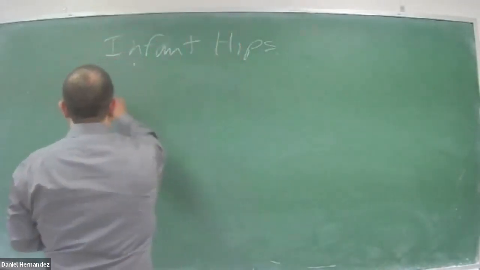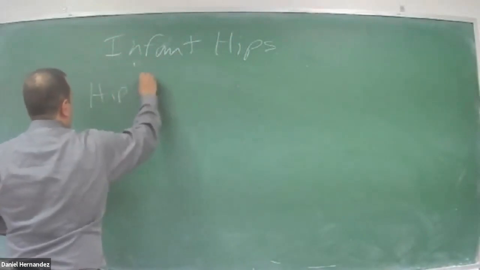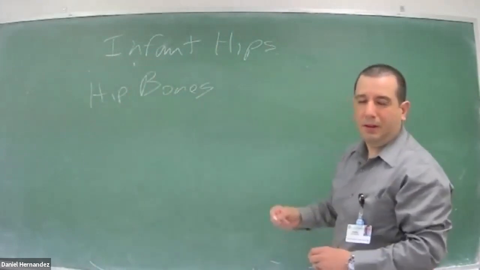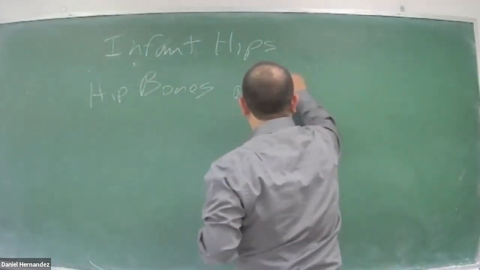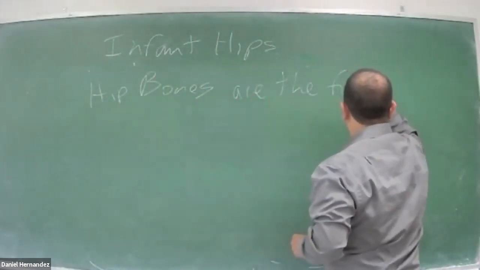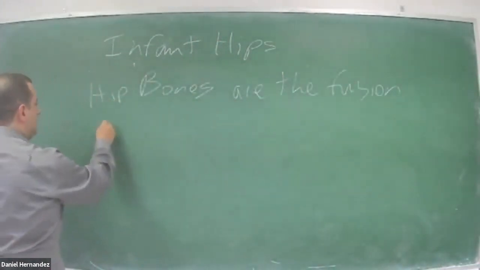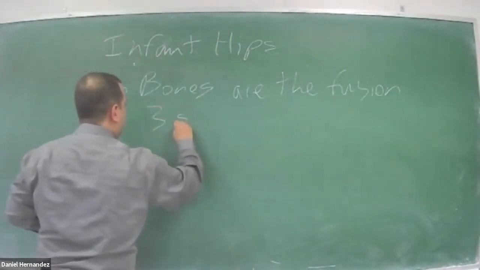So the hip bones are the fusion of three separate bones.